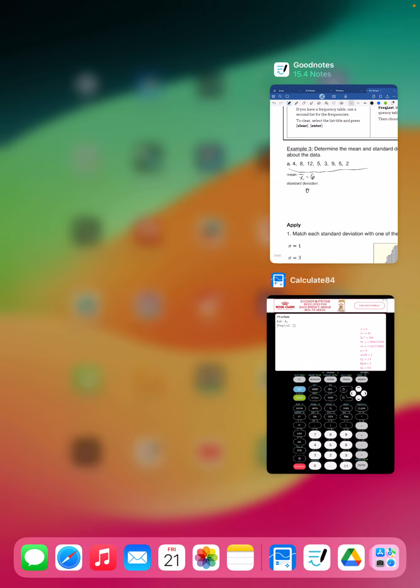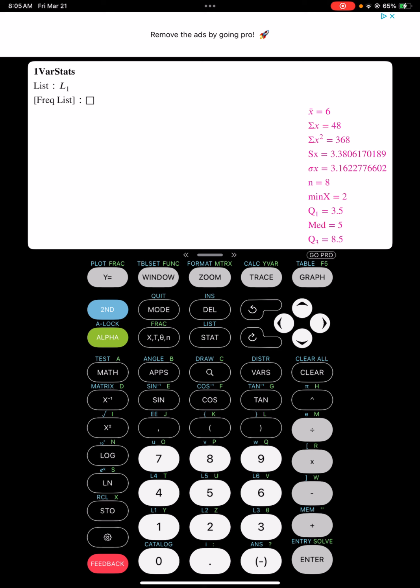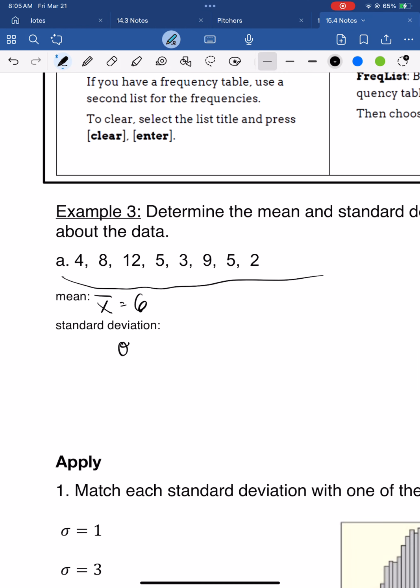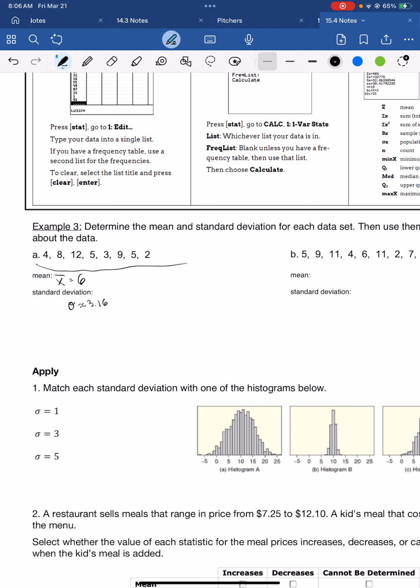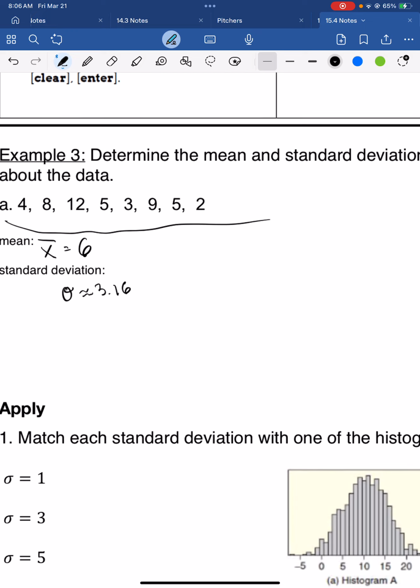So we pull up our calculator here, and that one is going to be the 5th one down. So 1, 2, 3, 4, 5, and we see the little sigma with the x, and it says 3.16. So we'll say that our standard deviation is approximately 3.16.